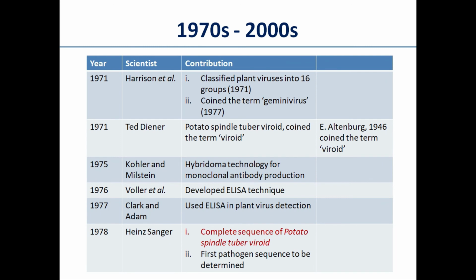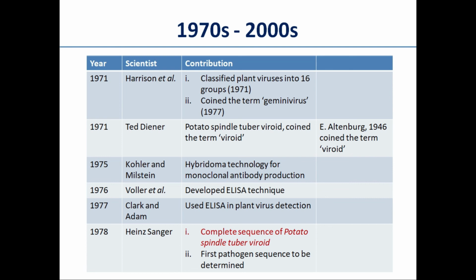Then we have a series of developments in the years 1970 till date. Harrison et al. in the year 1971 classified plant viruses into 16 groups, and he also coined the term Geminivirus.